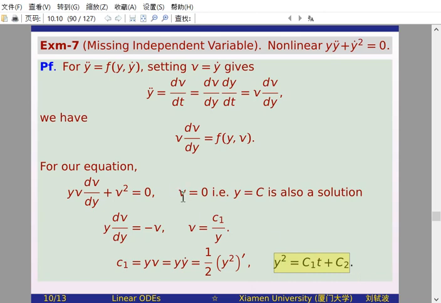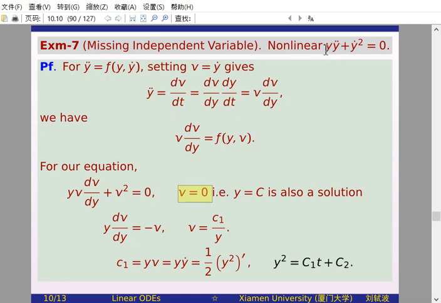Now we go back to the case v equal to 0. This case we have not considered, because our argument before only applies to the case v is not 0. But if v is 0, that is y prime is 0, so y is c, a constant, which is also a solution.